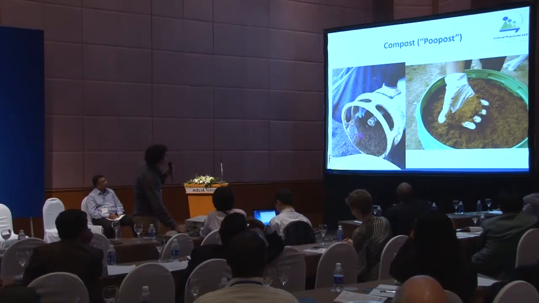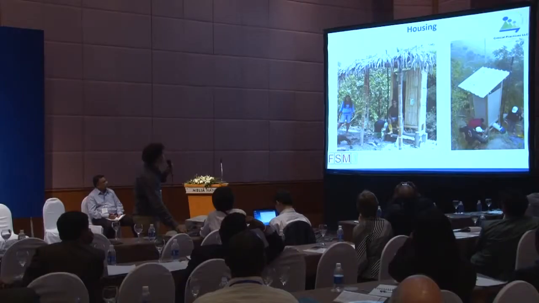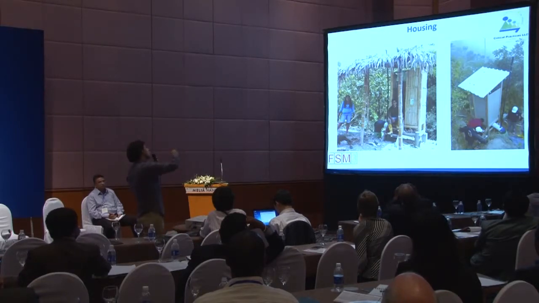These are some pictures of how we are getting the compost, and some images of the instructions that the users have for harvesting the material. These are some pictures of the different housing approaches that we are using, bamboo or composite wood. You can see a very hot climate on the left and a highland with very cold weather on the right.